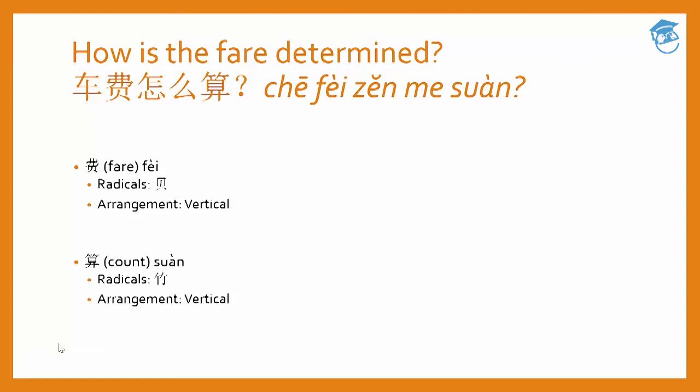The next one is 算. 算 means count. So this is the pinyin and the radical is what's on top there. The arrangement is vertical as you have top, middle and bottom components.